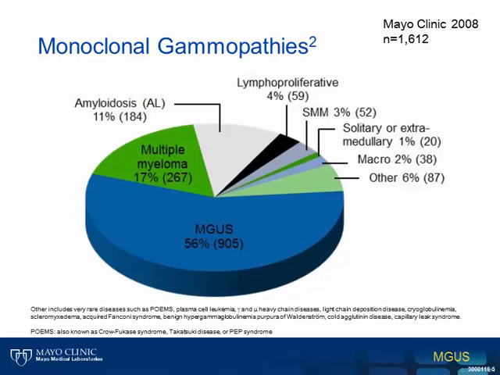MGUS is followed by myeloma, then amyloidosis, B-cell lymphoproliferative disease, smoldering myeloma, solitary and extramedullary plasmacytoma, and macroglobulinemia. The other category includes 12 rarer diseases such as POEMS, plasma cell leukemia, light chain deposition disease, and MGUS-associated cryoglobulinemia.